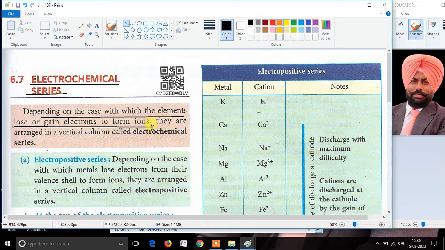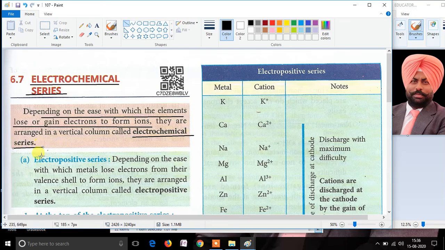These elements are arranged in a certain order such that the element which is on the top is more reactive than the element which is below. Both metals and non-metals have been used in preparing the series, and that series is called electrochemical series.